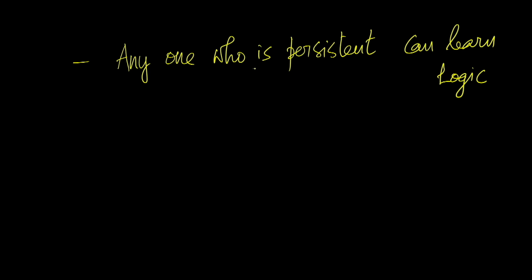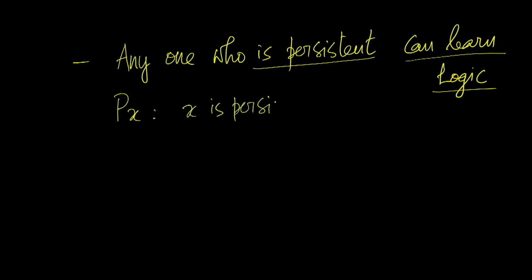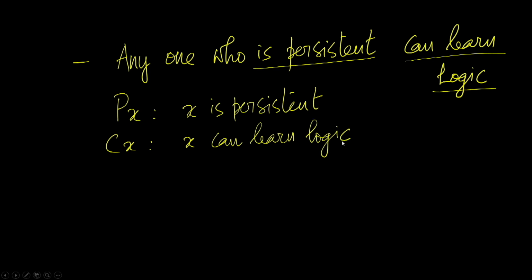So, let us consider the predicates here. Is persistent is one predicate, can learn logic is another predicate. So, we can have P of x stand for x is persistent. We can have C of x stand for x can learn logic. Then what we essentially assert is that any person who is persistent is capable of learning logic.